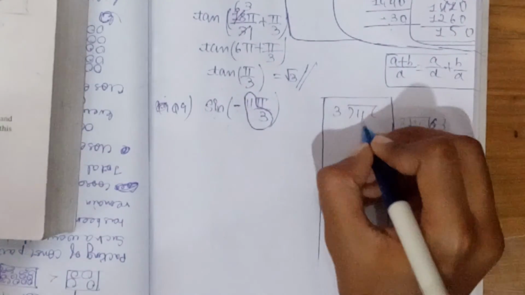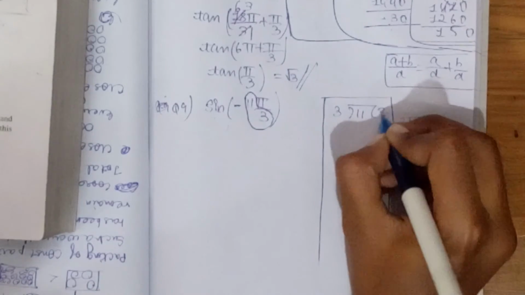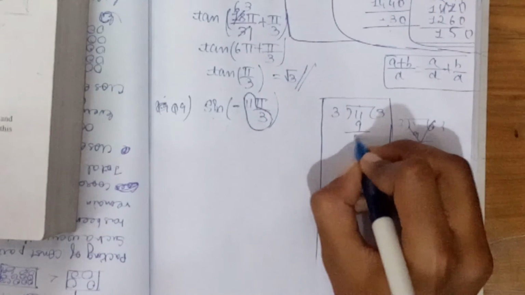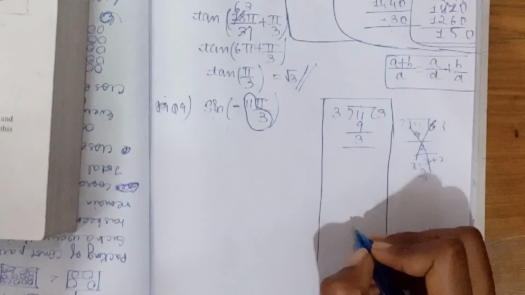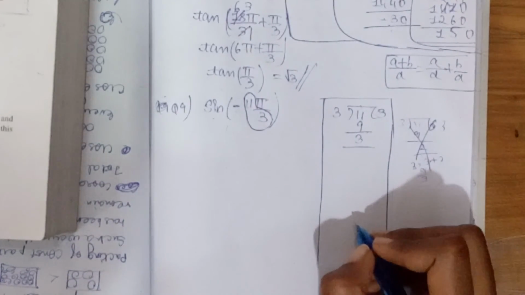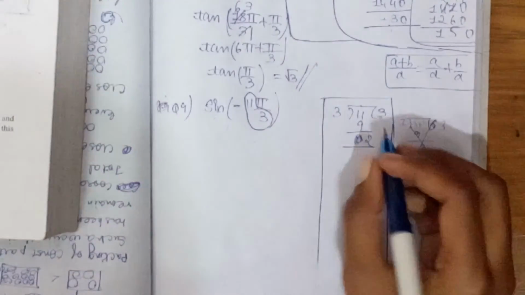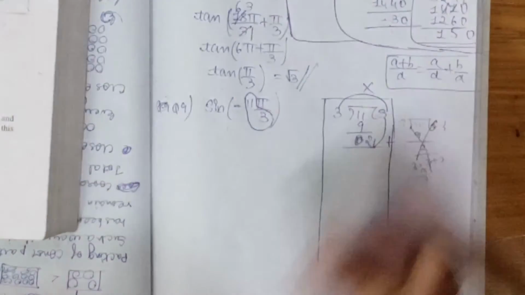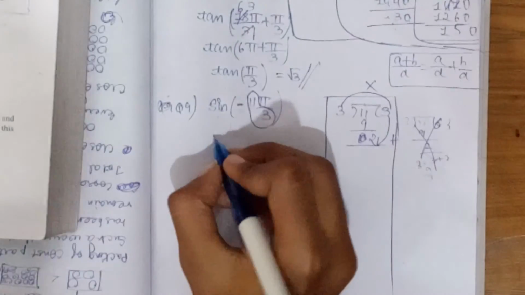In the 3 table, what is less than 11? That is 9, 3 times it will go. 11 minus 9 is 2. Then we multiply and add.